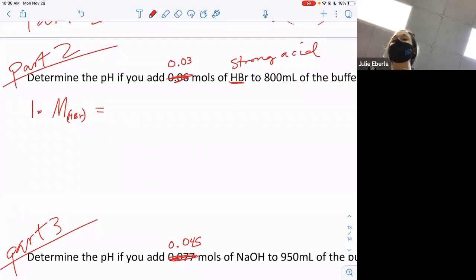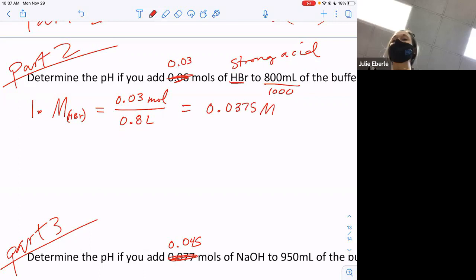What is molarity? Molarity is moles over liters. And I got the moles, it's 0.03 moles. And I have milliliters, so just divide by 1,000 there. So you'll divide by 0.8 liters. So that's going to be 0.0375 molar.